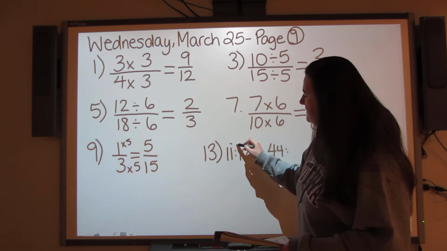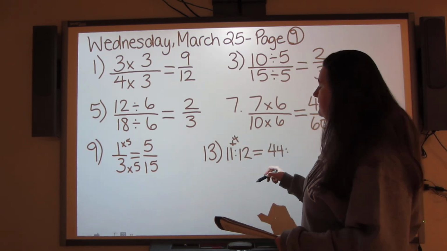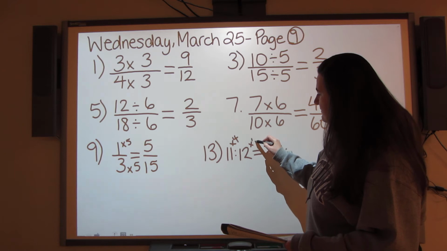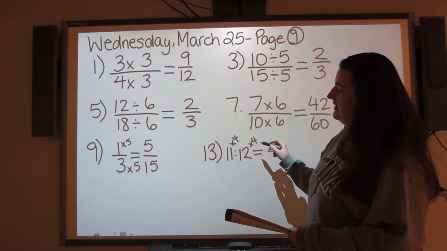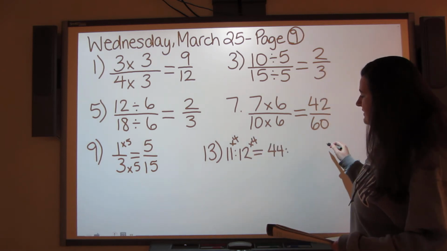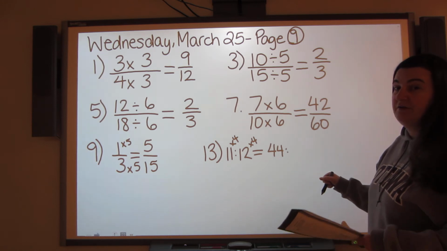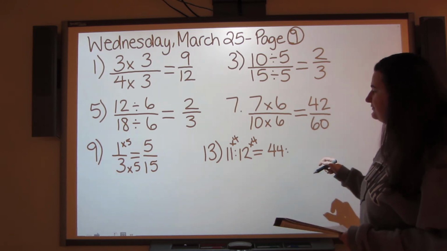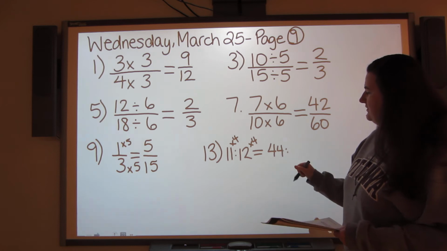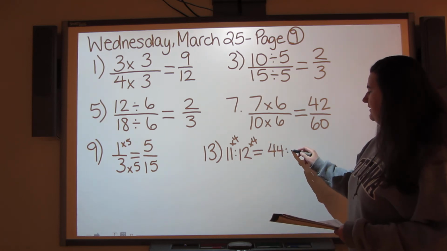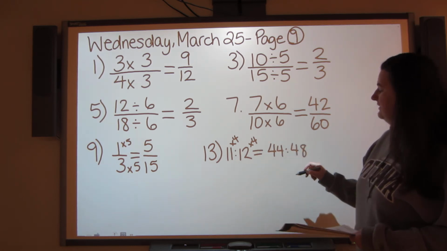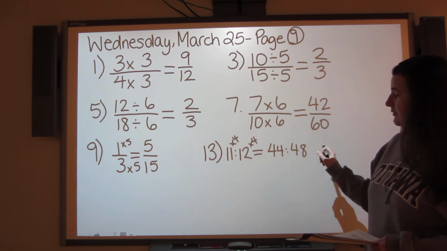I have to times it by 4, which means I have to times the 12 by 4. This is the thing that always has to stay the same in order to get an equivalent ratio, in order to complete your proportion. So if 11 times 4 is 44, 12 times 4 is 48. So there's your equivalent ratio, your proportion.